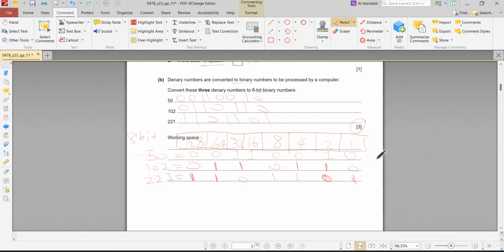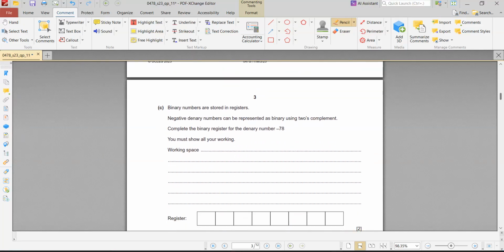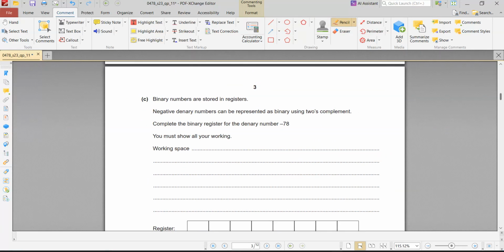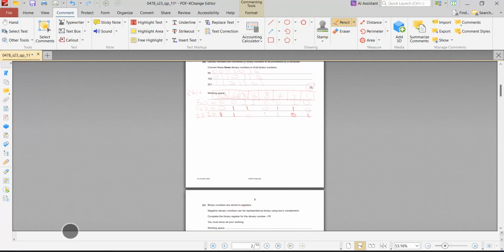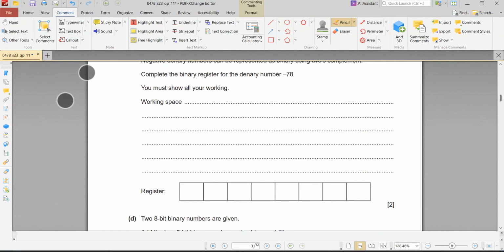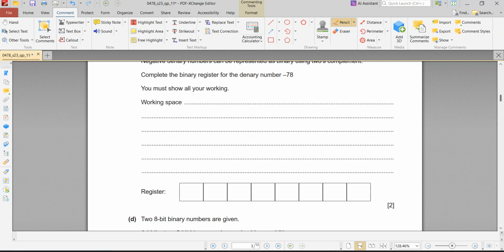We have 3 marks in here. So I'm going to continue with the rest of the question. So in C, you say binary numbers are stored in a register. So we use a register back in this question to solve the converting of the binary number to a binary number.